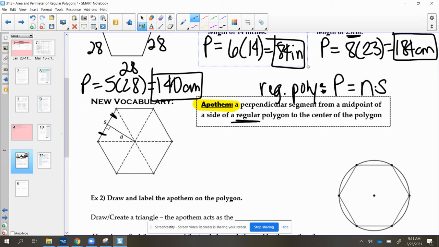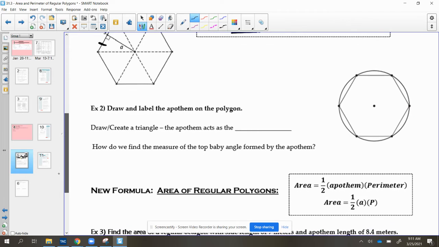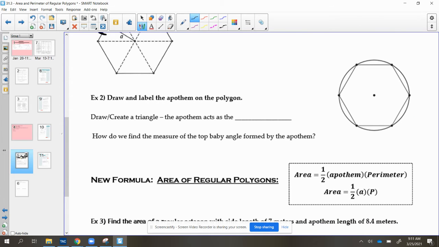Now, when we have a polygon here, we want to draw and label that apothem. So that's going to again come from the center to the midpoint. And if we draw in this small triangle, again, what's happening is this side is getting bisected, and also this angle is getting bisected into 2 congruent angles, okay?